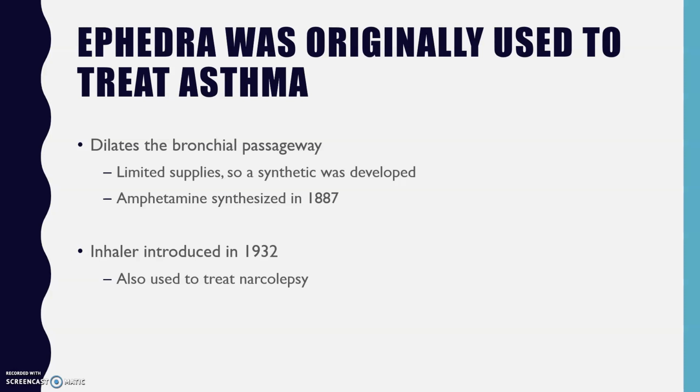The inhaler was introduced in 1932, which utilized amphetamine, and it's also been used to treat things like narcolepsy. Now, one of the negative effects of introducing this inhaler was that the original inhalers had a cotton ball that was soaked in the amphetamine, and people realized, hey, if you take that cotton ball out of the inhaler and you put it in your mouth, you're going to feel really, really good.